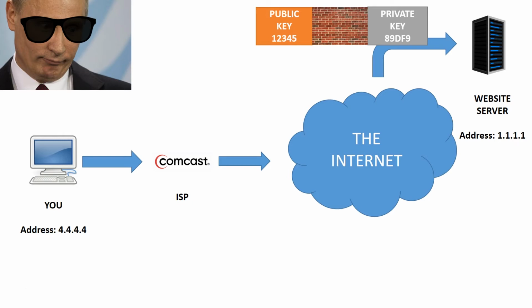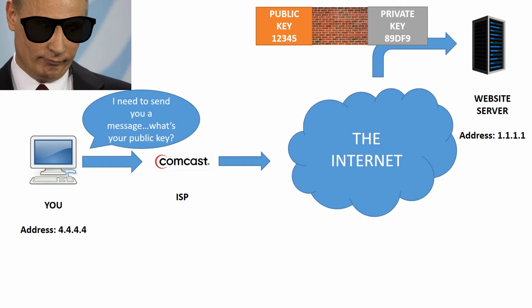So when you want to send a message to Google, you encrypt everything with the public key belonging to Google, and Google unlocks the message with their private key. The public key only locks things up, and the private key only unlocks things. So the Russians can't see your data.